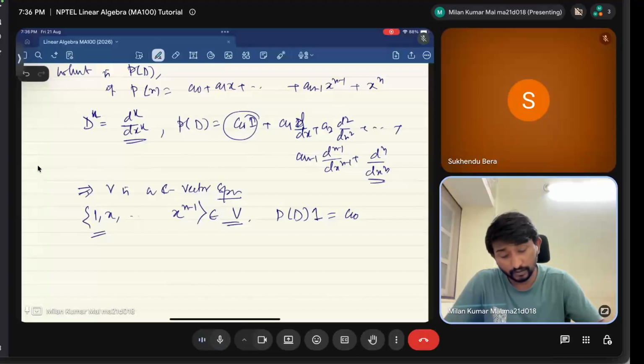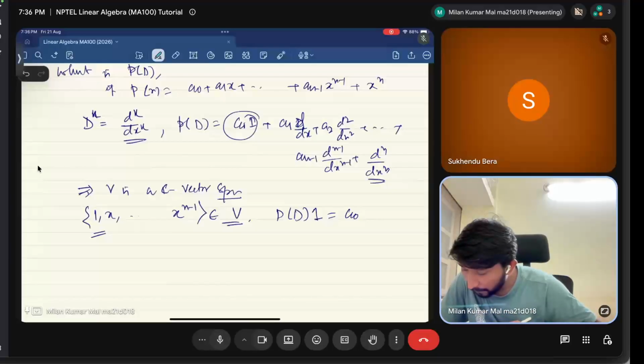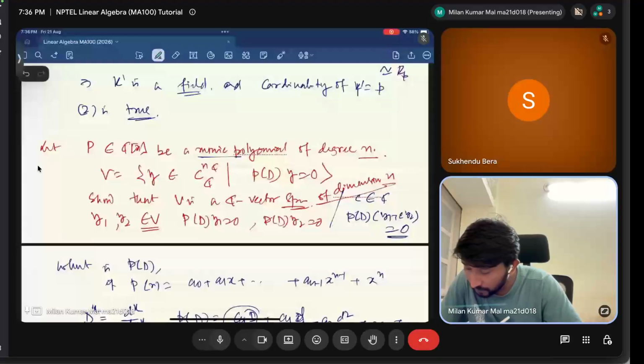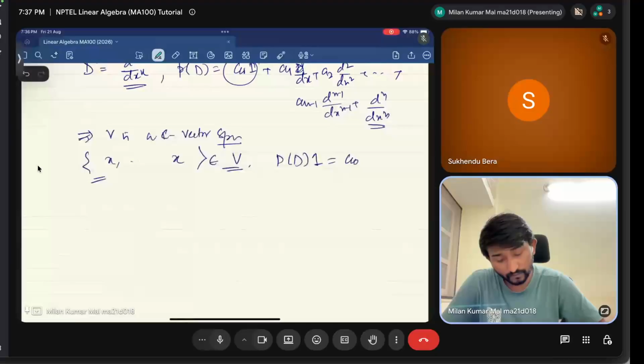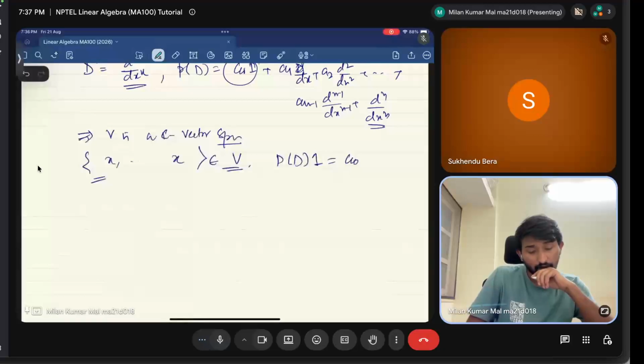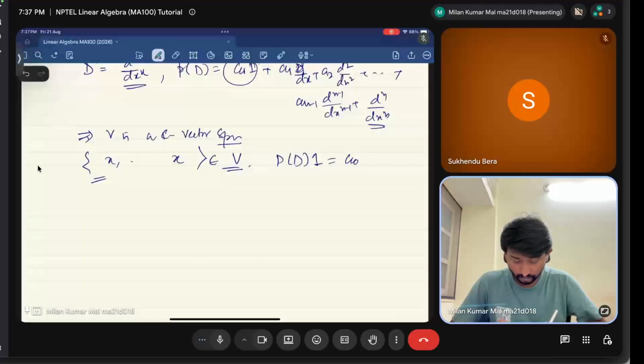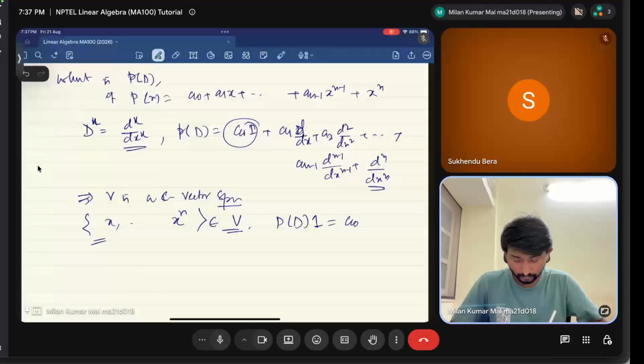Then x^n will be there. If I take ax, what will happen? Just a minute.